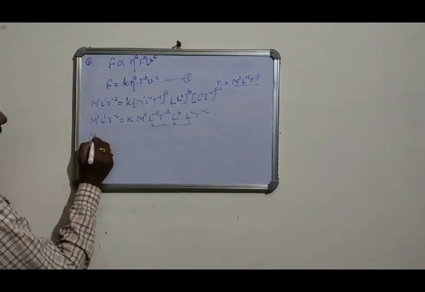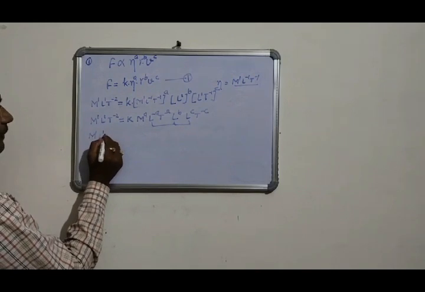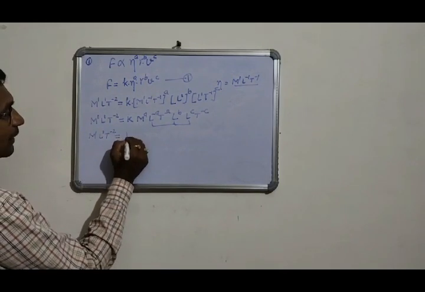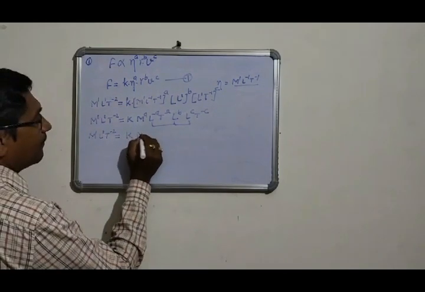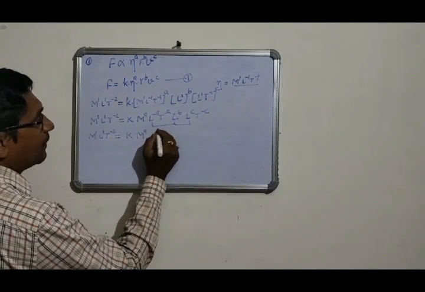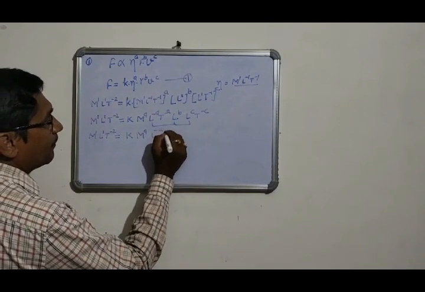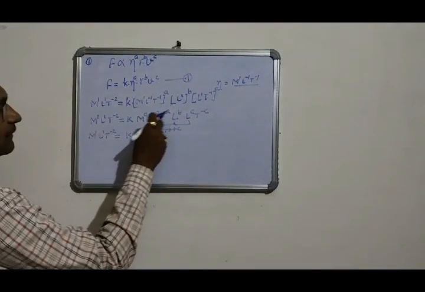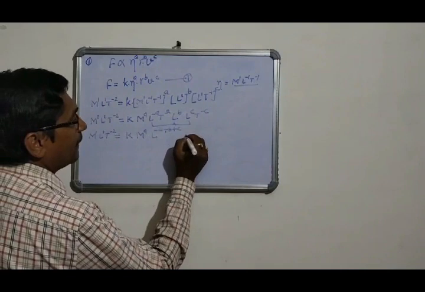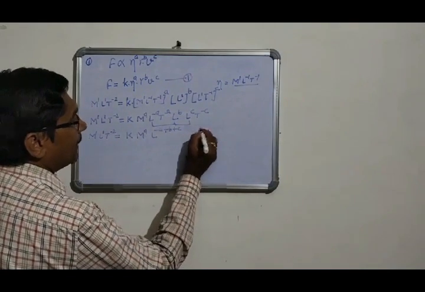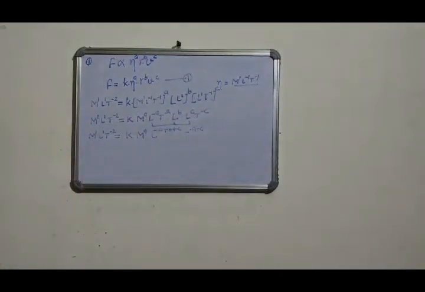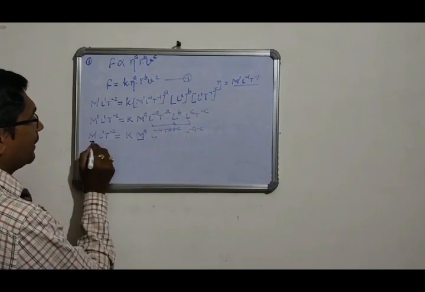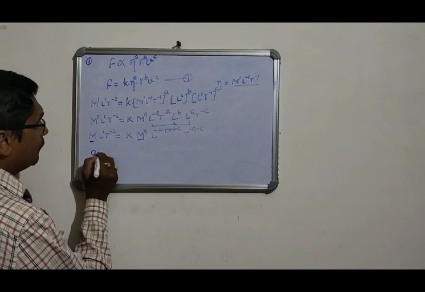So M1 L1 T^-2 equals K M^a L^(-a+b+c) T^(-a-c). Now the bases are equal, so the powers should be equal. By comparing masses, a equals 1.